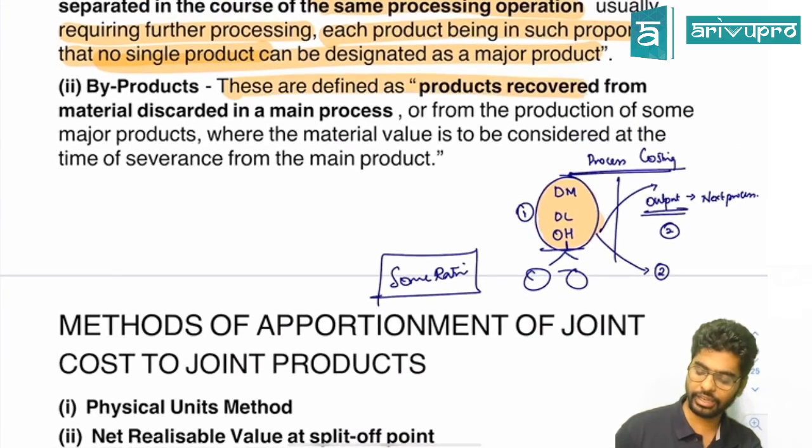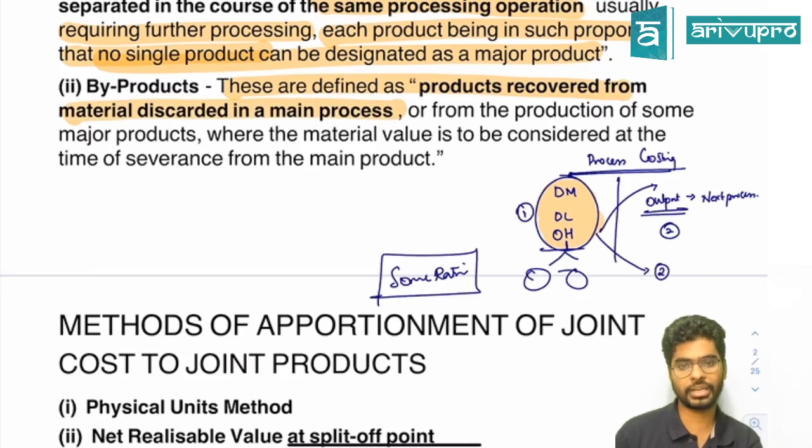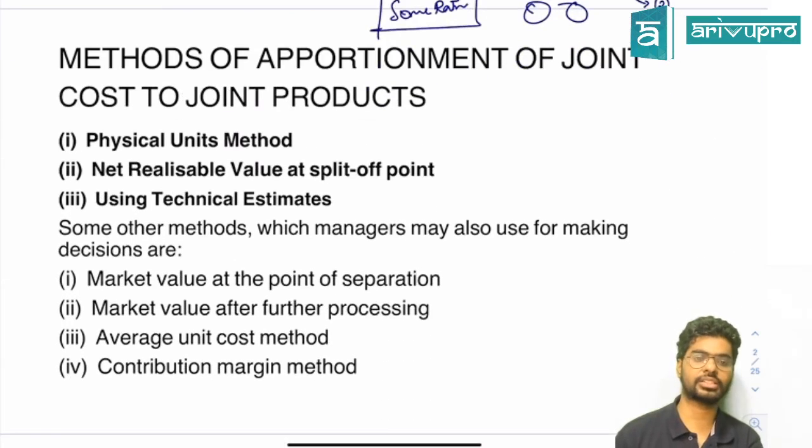Whereas byproducts are defined as products recovered from the materials discarded in the main process. That is, they do not have much material value compared to the main product. There are different methods that we will be using for dividing this cost.